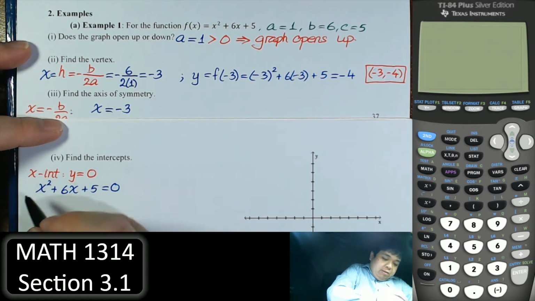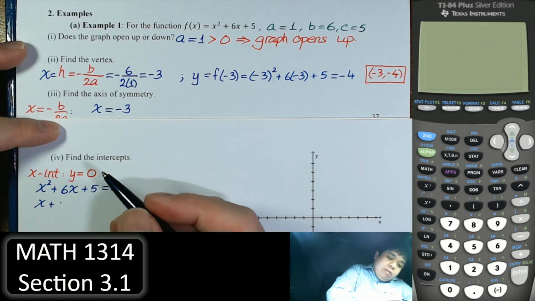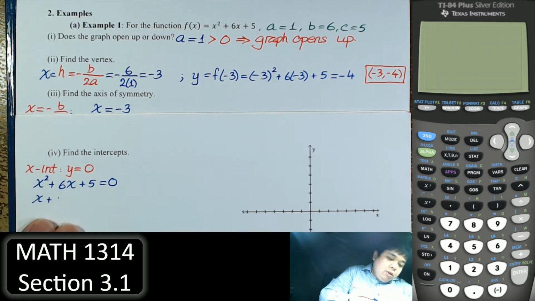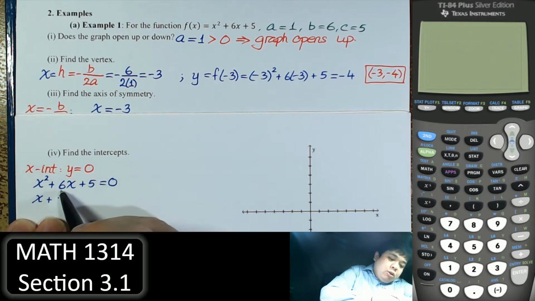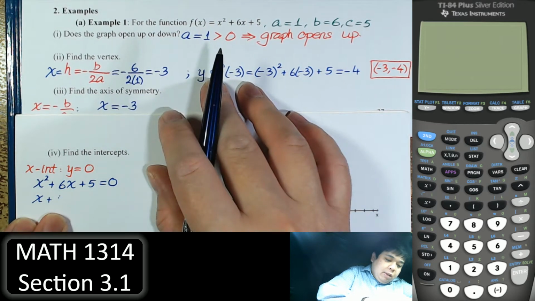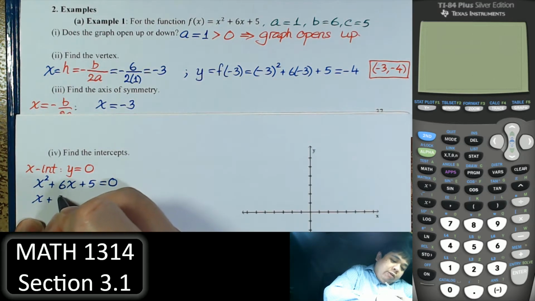I can factor it: we have 5 and 6, so should be 6 minus 1, no, to add up to 6, it's 5 and 1.